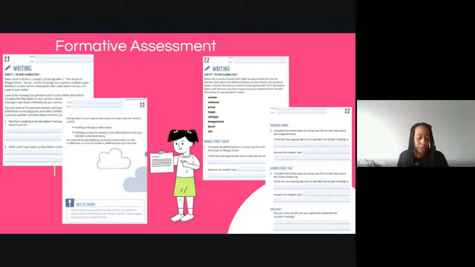I personally would check for understanding, ask some of these questions aloud, and it actually has it in here. The teacher could answer at least the first question with them just to see if they understand the purpose of answering these questions is to make inferences about how the narrator feels about these houses.